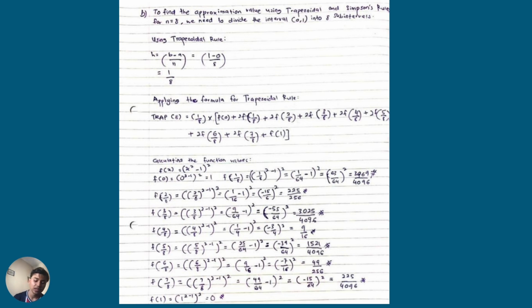And lastly is f(1) equal with (1^2 - 1)^2, and we can get the answer is equal with 0.